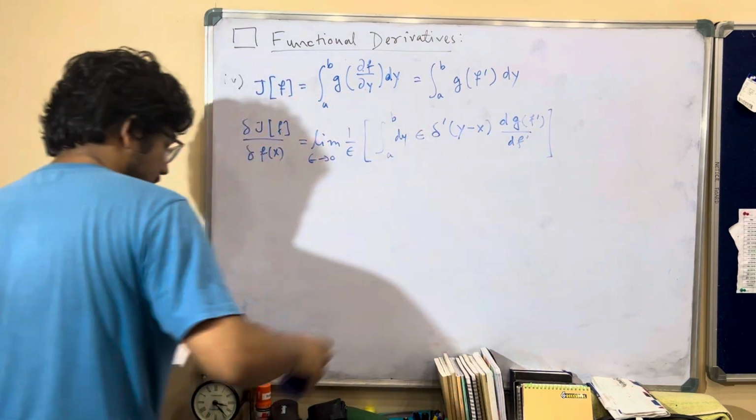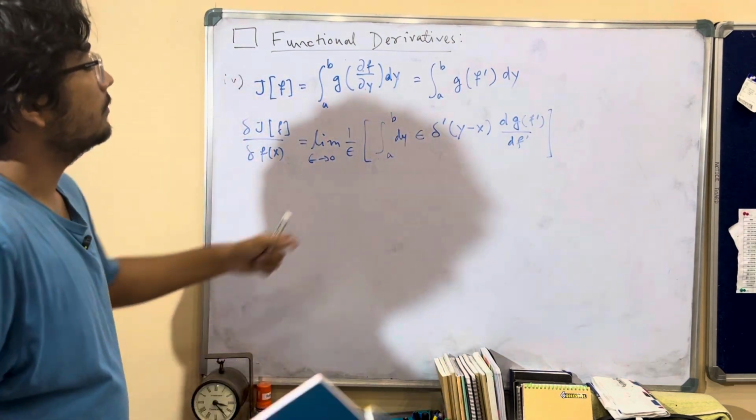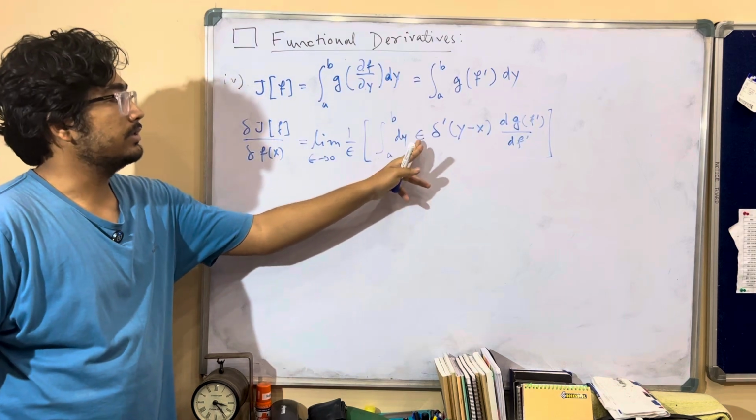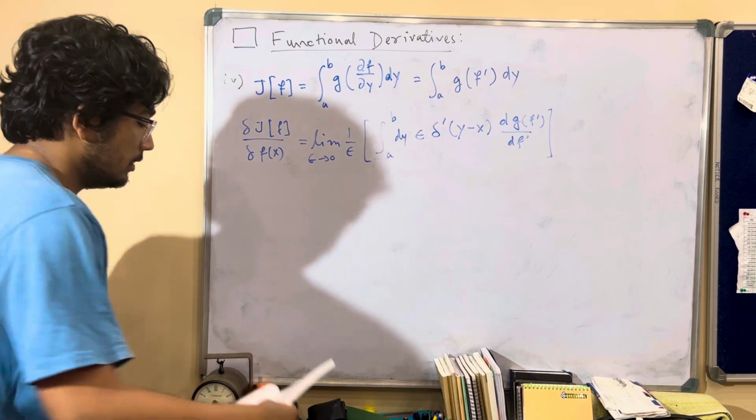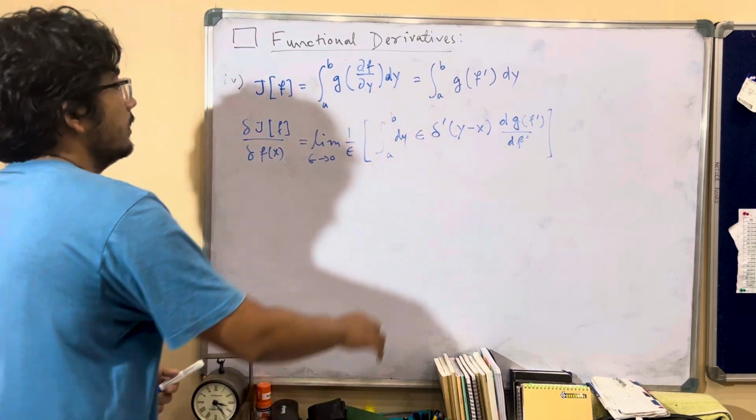Similarly, we can now take epsilon out of the integral and it will cancel out the 1 over epsilon part, and this will give us this thing.